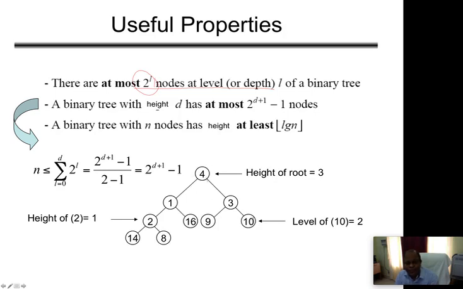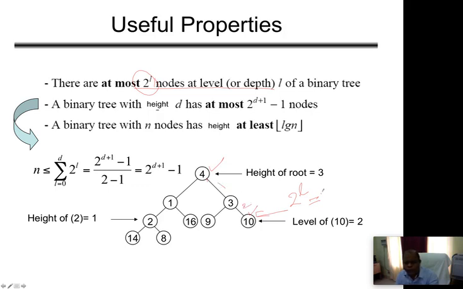See, in this level, how many nodes are there? At most 2 to the power L. What is the level of this node? You see, from the root to reach here: 1, 2.